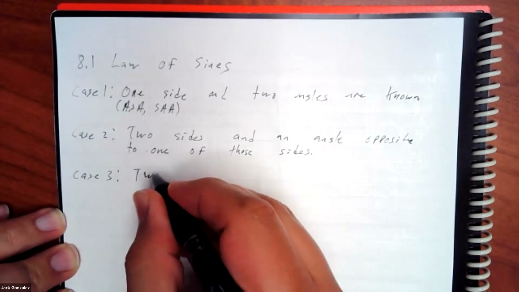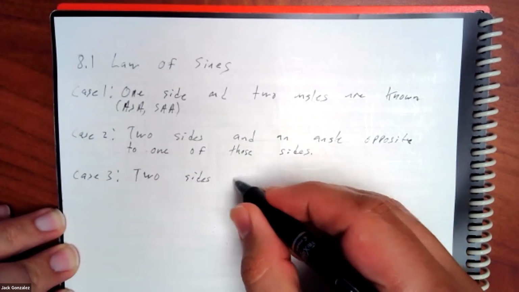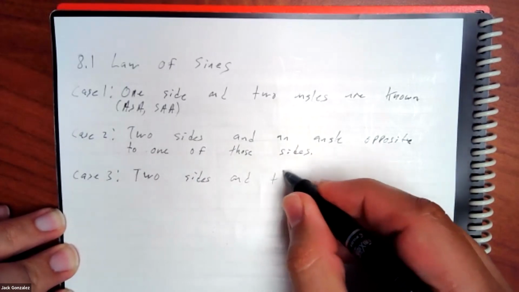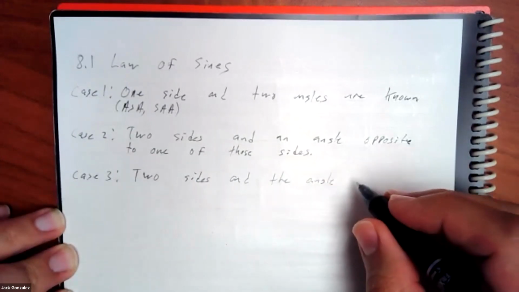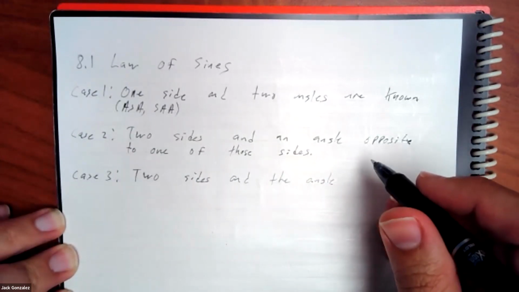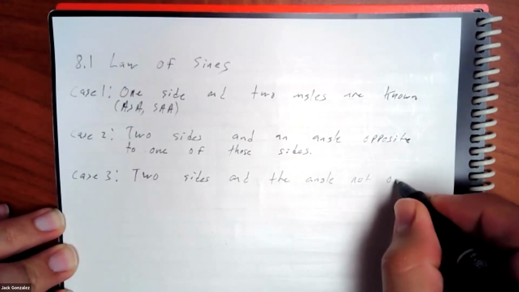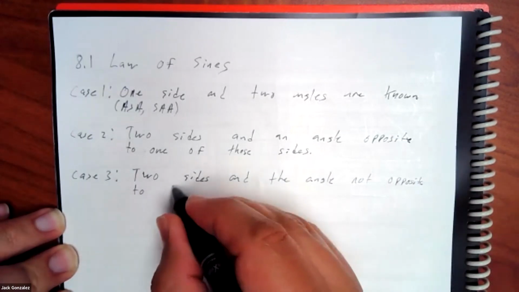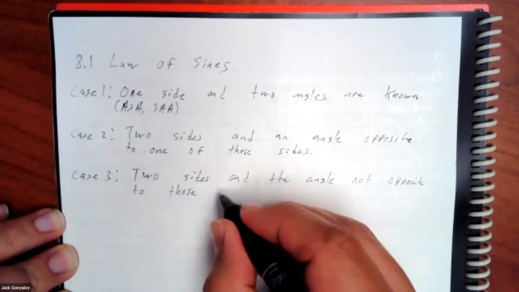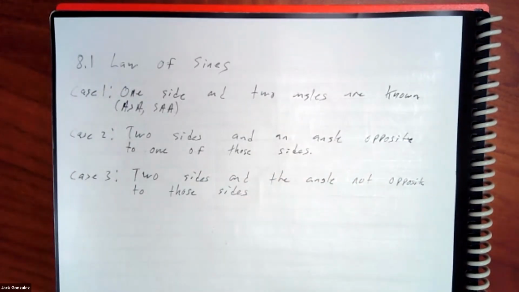So here you have 2 sides and the angle, we'll just say not opposite to those sides. That way it's clear, because the book calls it an included angle, and I'm like, well, what does that mean, right? Just rephrase it.